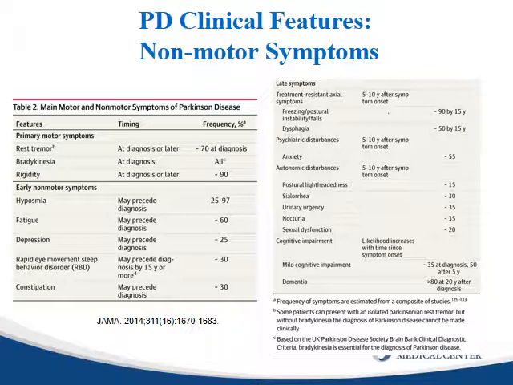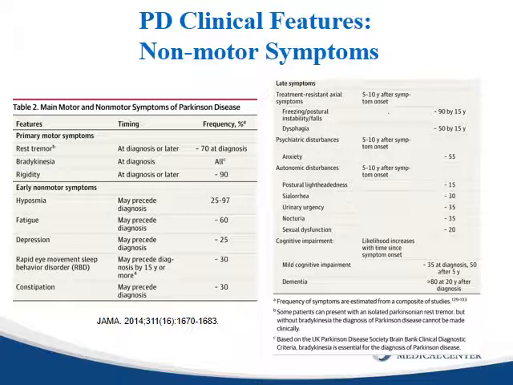But they can also start to have other non-motor symptoms, including psychiatric disturbances, anxiety, or autonomic disturbances such as orthostatic hypotension, postural lightheadedness, urinary urgency, incontinence, and sexual dysfunction.